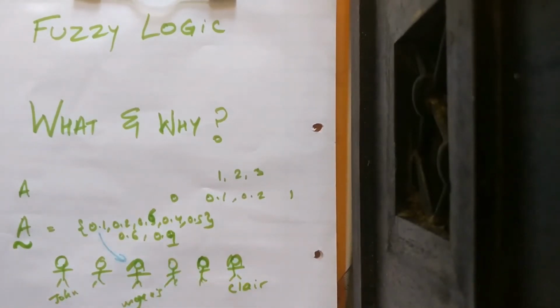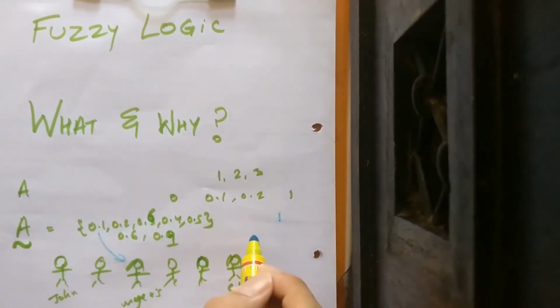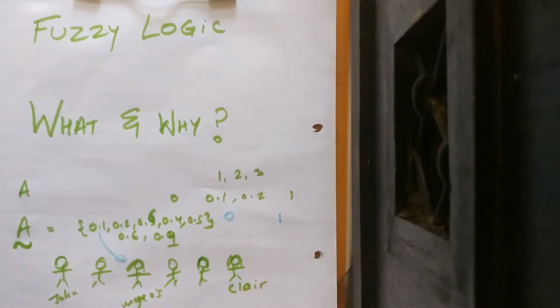What this means is Megan is your friend, but her membership value is 0.1. This means how good of a friend she is to you, the best being 1 and the worst being 0. So Megan's value 0.1 means she is, let's say, a bad friend.